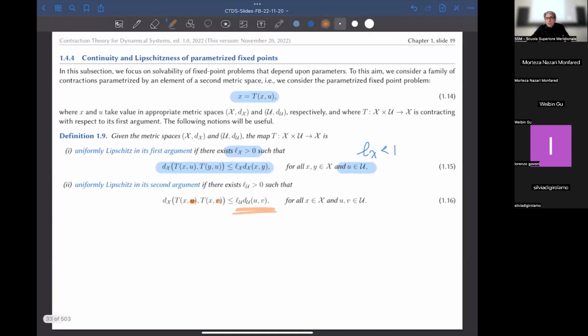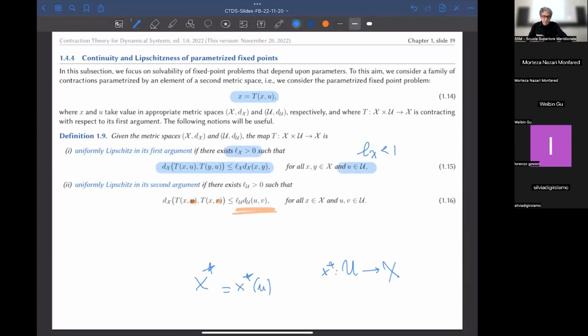Now what can I hope for? Clearly, the fixed point X will depend upon U. It cannot be independent of U. So really, even assuming that a fixed point exists, X star is not a point. X star is a function because it's X star of U. So I hope to establish the existence of a map, X star, from U onto X. You give me an input U, I produce a fixed point.